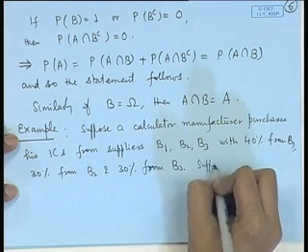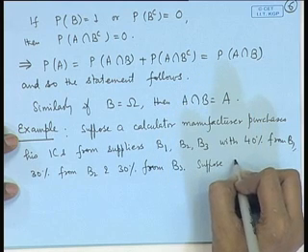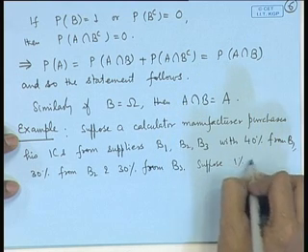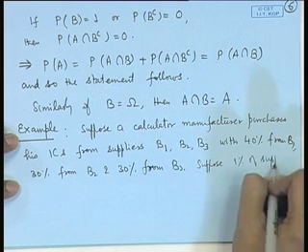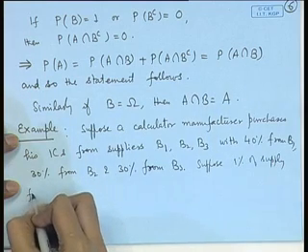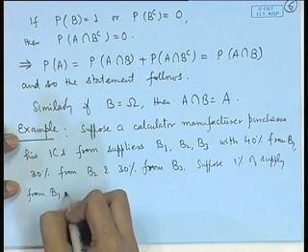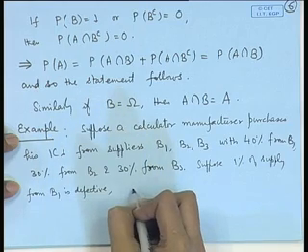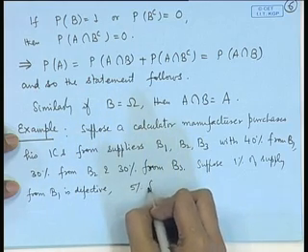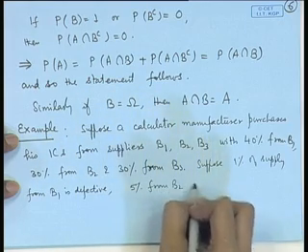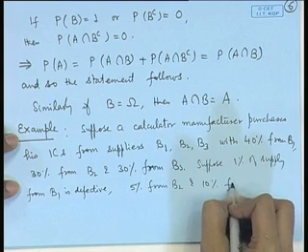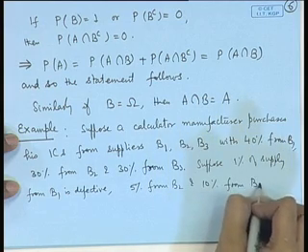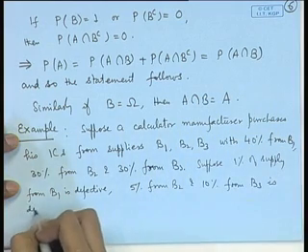Suppose 1% of supply from B1 is defective, 5% from B2 and 10% from B3 is defective.